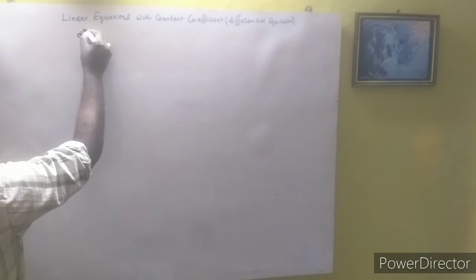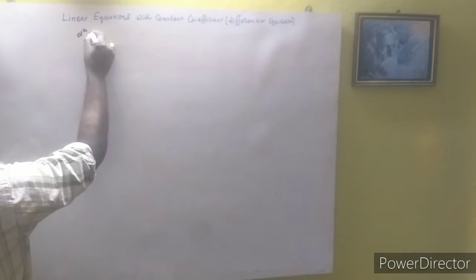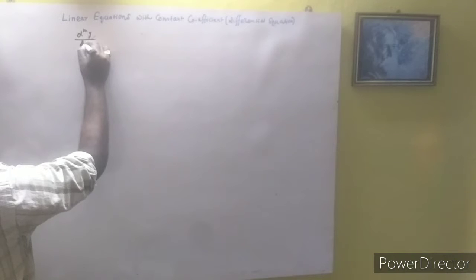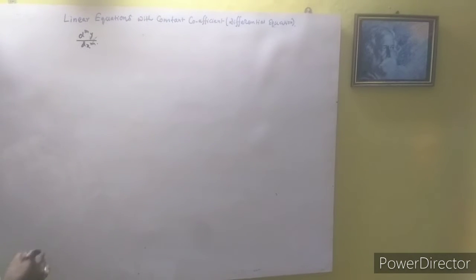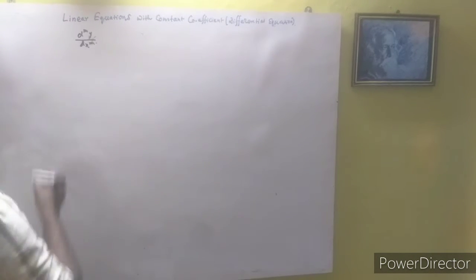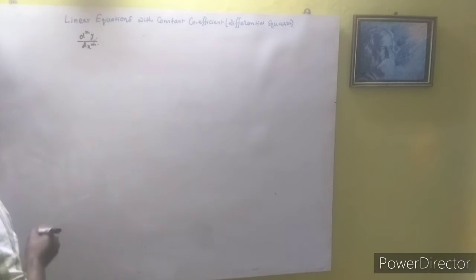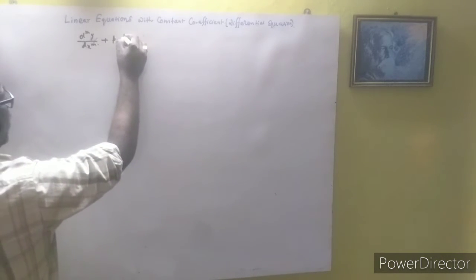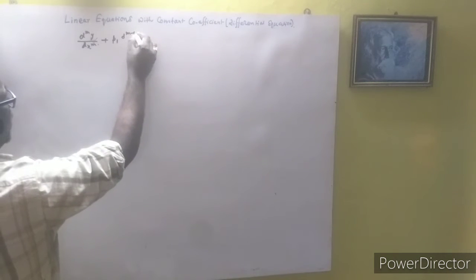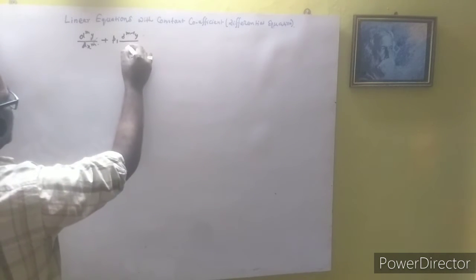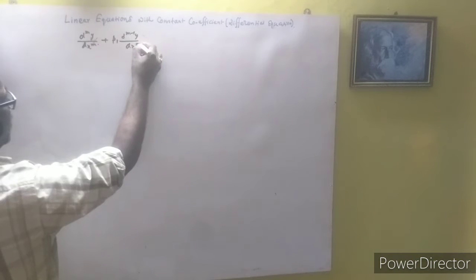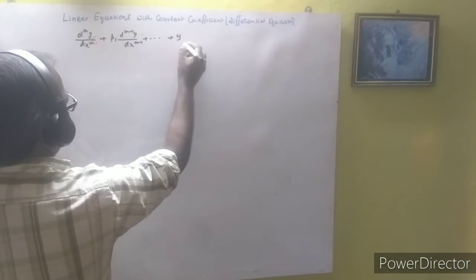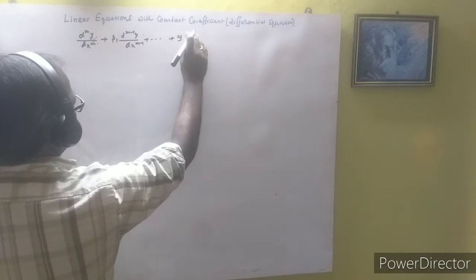d^m y/dx^m, the mth order. Let us assume this is the highest order, which will always be a positive integer, plus p1 times the (m minus 1)th order derivative, d^(m-1) y/dx^(m-1), and so on, and y with constant coefficients.